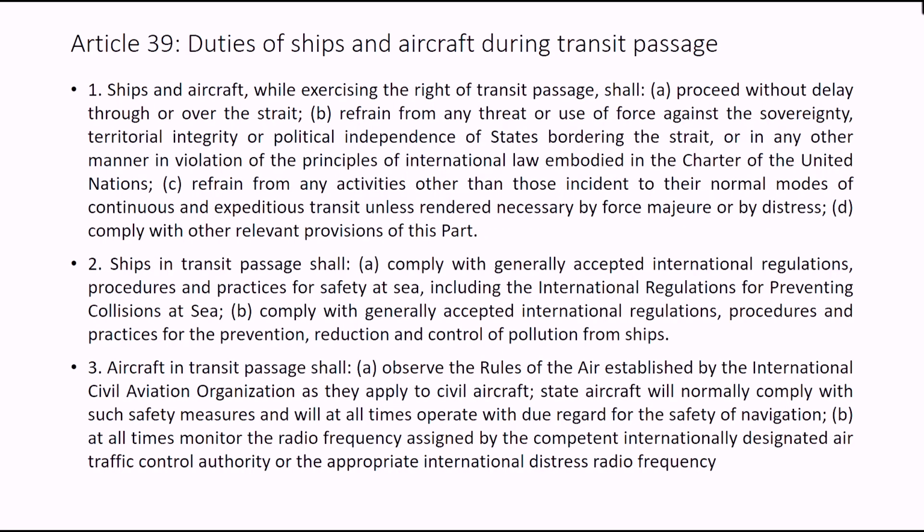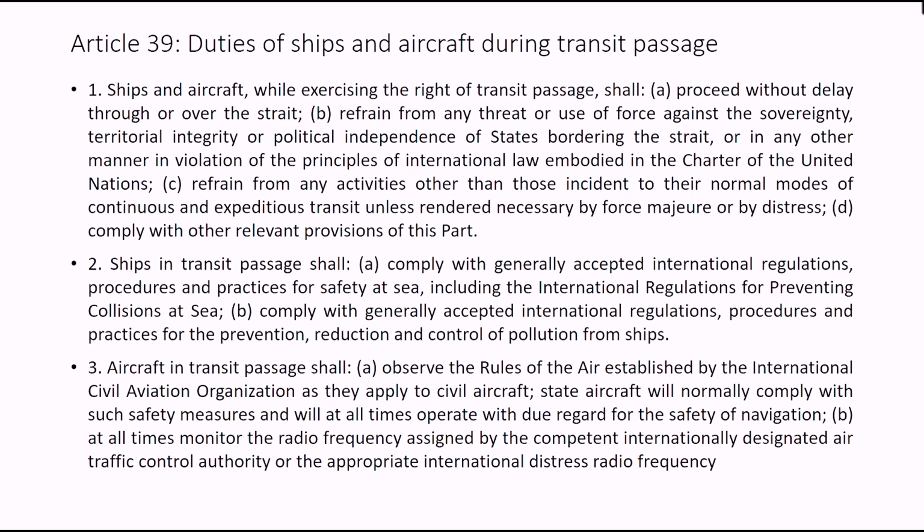Now, what are the duties of ships and aircraft while they use a strait designated as transit passage, given under Article 39 of UNCLOS? Firstly, ships and aircraft, while exercising the right of transit passage, shall proceed without delay through or over the strait.